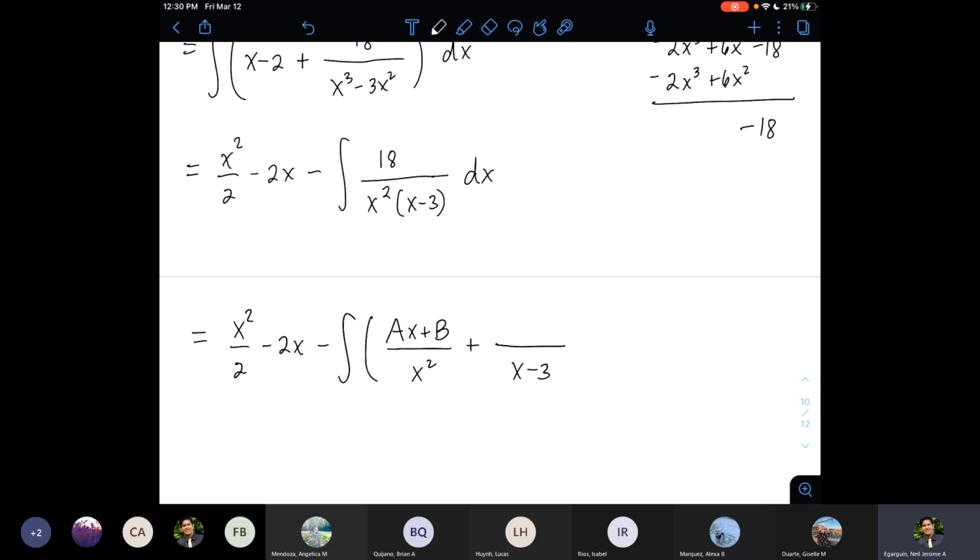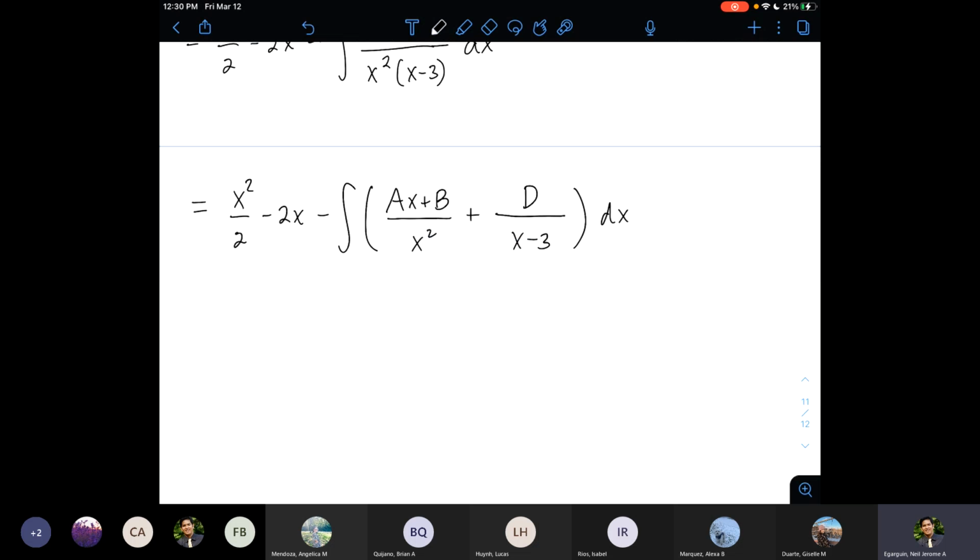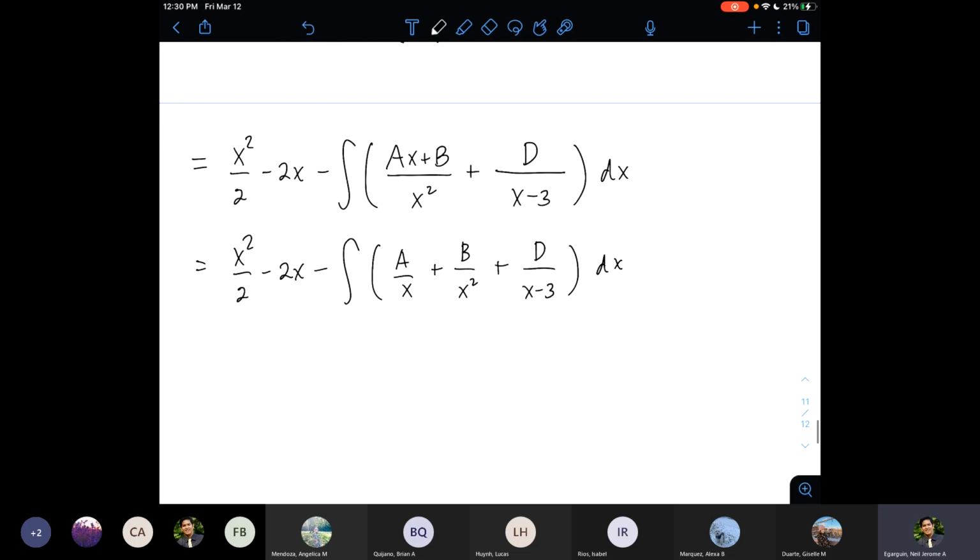It's linear, so its numerator must be 1 degree less. So I'll have a d there, dx. And I guess I can do the integration here easily. I can write the integral first as minus a over x plus b over x squared plus d over x minus 3. And each of these three terms inside the integral can easily be integrated.